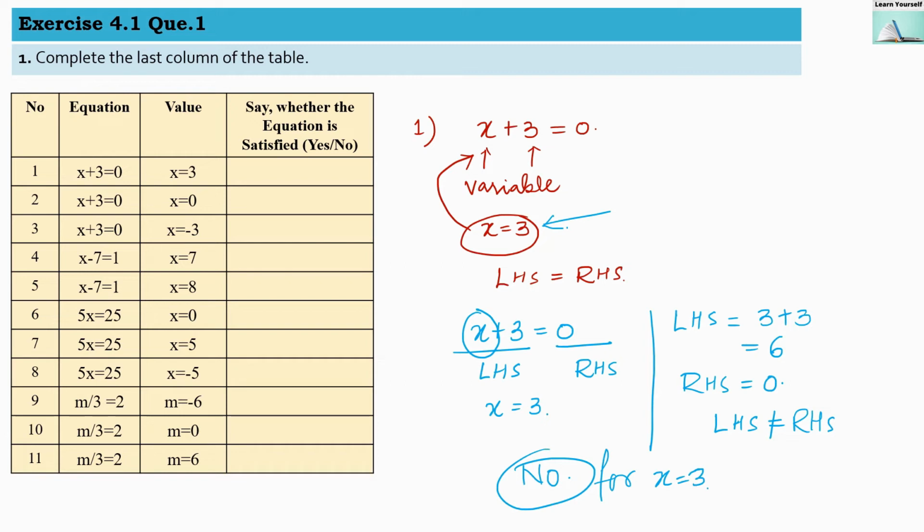That is what we have to check for all these equations. Whatever values they have given for the variable, we have to place into the equation and check whether our LHS is equal to RHS or not. So here we are going to write the answer no, that for x equals 3, this equation doesn't hold true.